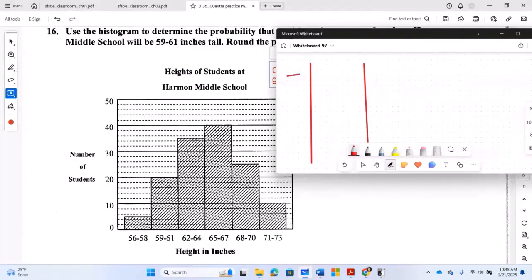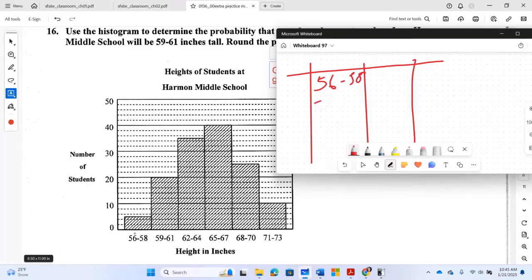So I'm trying to create a frequency distribution table of this data here, and here I have the frequency. Look at the first class right here. The first class is 56 to 58. So I have 56 to 58.